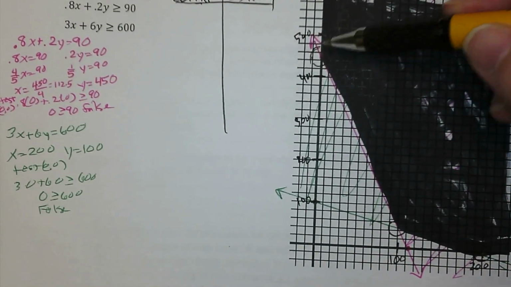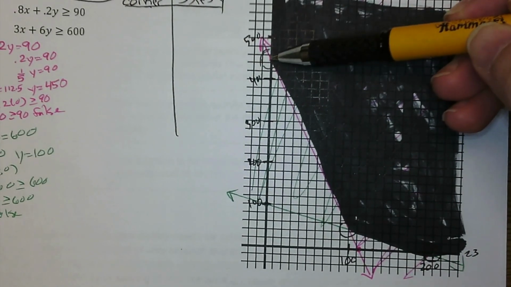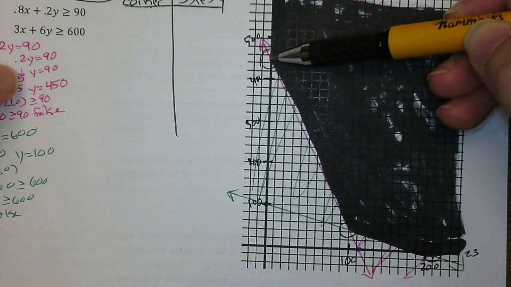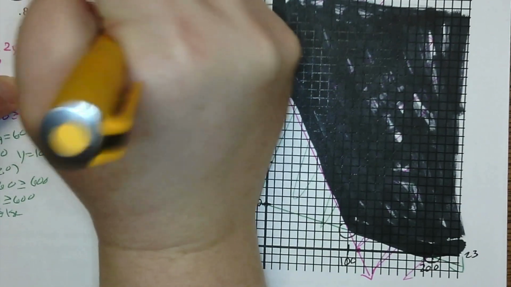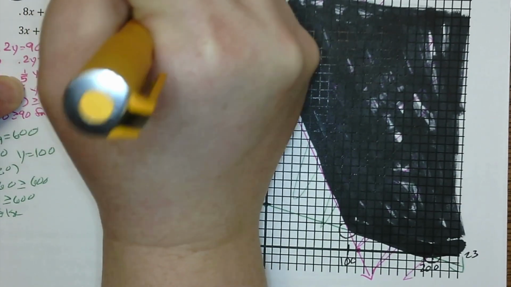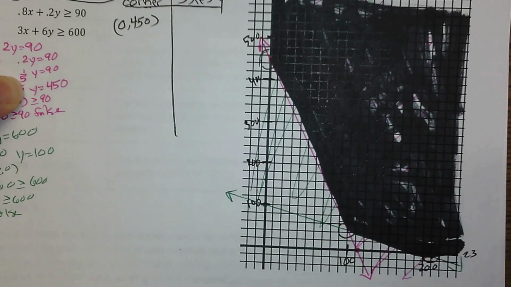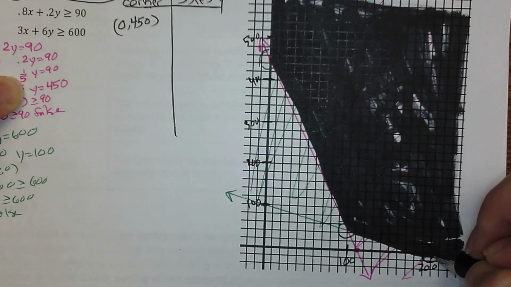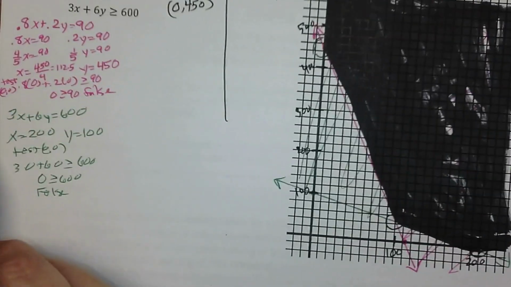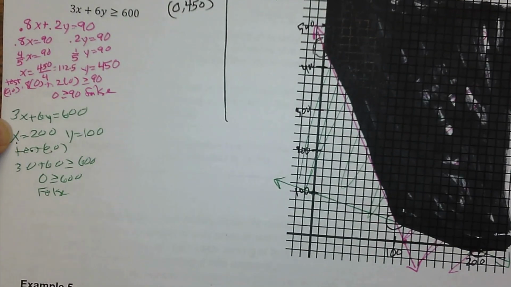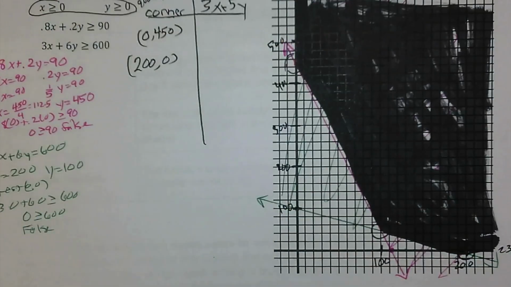This corner point is from the pink graph, and it is the y-intercept of the pink graph, which we have over here is 450. So that's 0, 450. This corner on the bottom right is the green graph x-intercept, which we have as right over here, 200. So that is the point 200, 0.